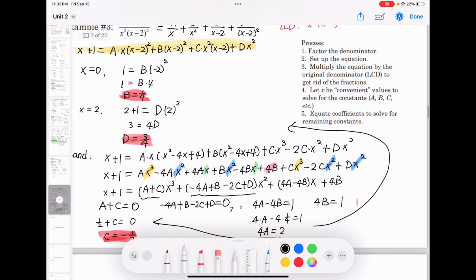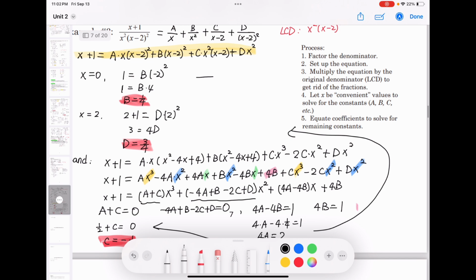We have a on top, so that is 1/2 over x, plus b divided by x squared, 1/4 over x squared, plus c, negative 1/2, all divided by x minus 2, plus d, 3/4, all divided by x minus 2 squared.